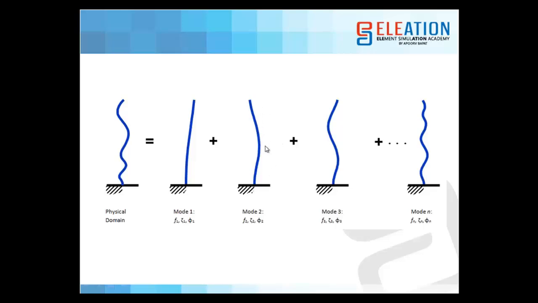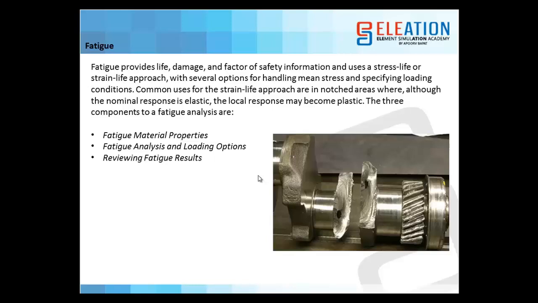So this component will fail in this particular mode. That's why we calculate at least 10 to 15 mode shapes before performing any type of analysis, and decide which mode shapes are the dominating ones, and my forces should not come in the same direction where the mode deformation is there.